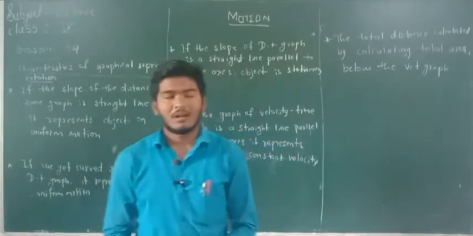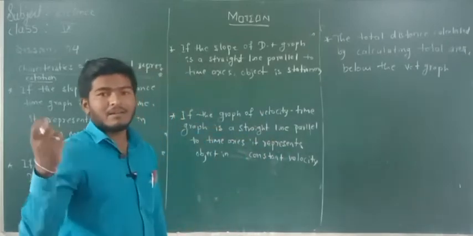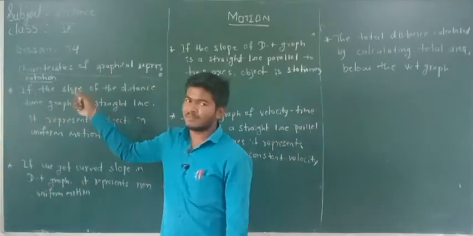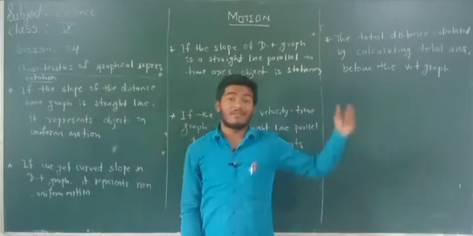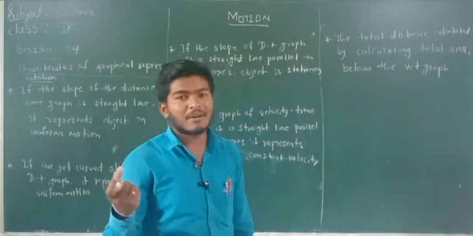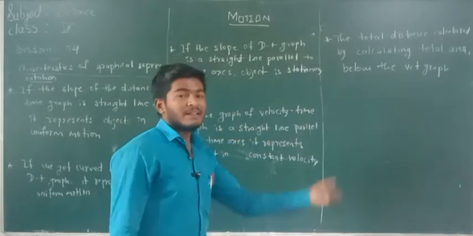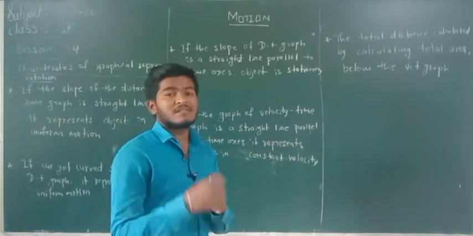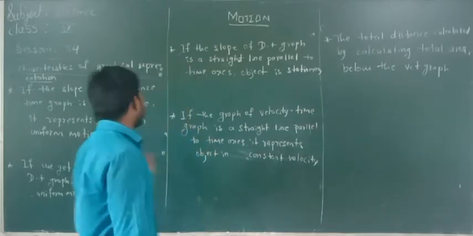Okay, next, the VT graphs and DT graphs. DT graphs mean distance time graphs and VT graphs mean velocity time graphs. The graphs we get represent some important things. What are those? See here.